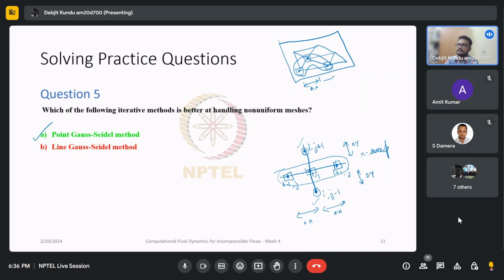So this is delta x1, this is delta x2, delta y1, and in between these two there is some different delta y2. In that case, performing the line Gauss-Seidel method becomes very difficult. The bookkeeping part of it becomes very difficult. In those cases, the point Gauss-Seidel method is much better.